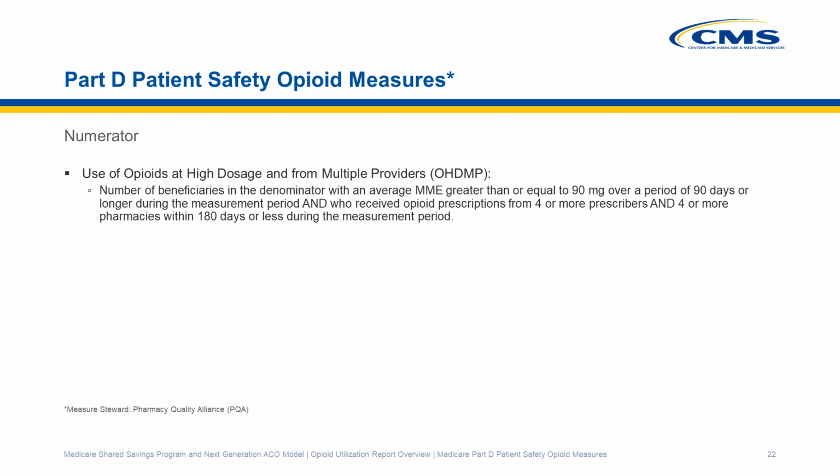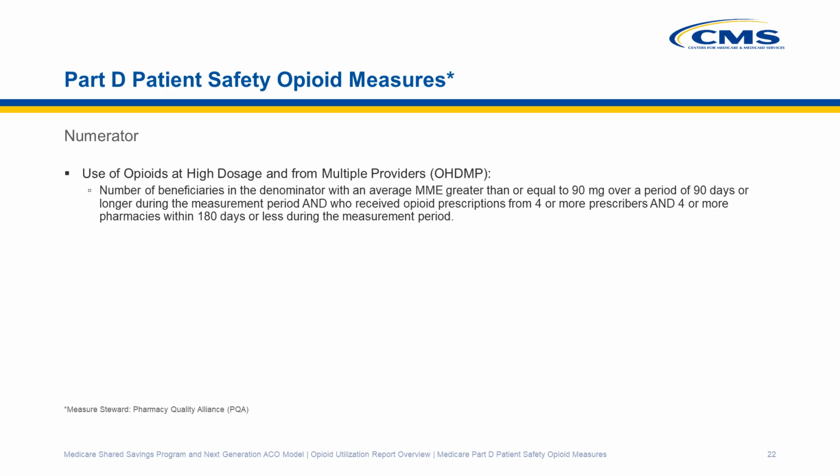OHD-MP is the percentage of Medicare Part D beneficiaries 18 years or older receiving prescriptions for opioids with an average daily morphine milligram equivalent greater than or equal to 90 milligrams over a period of 90 days or longer, and who received opioid prescriptions from 4 or more prescribers and 4 or more pharmacies within 180 days or less.